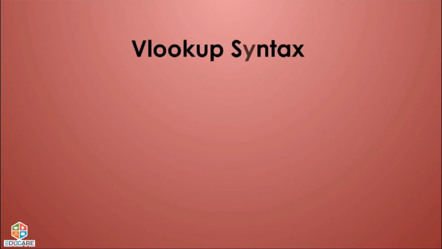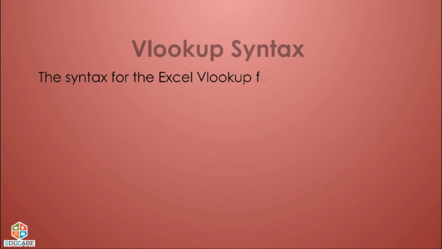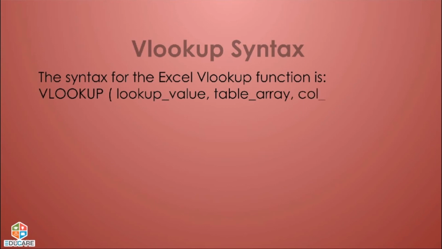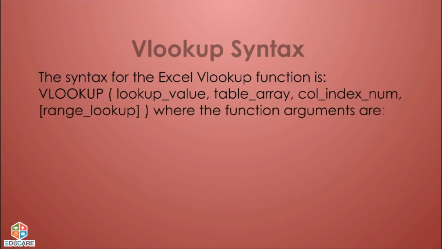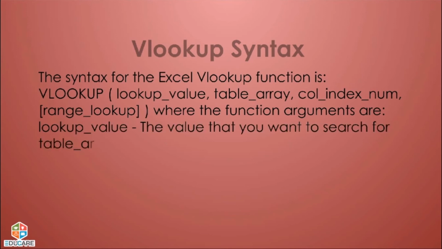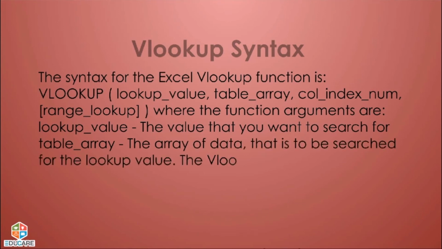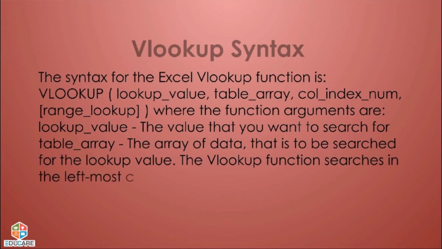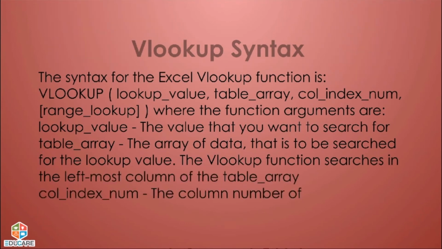VLOOKUP syntax. The syntax for the Excel VLOOKUP function is VLOOKUP(lookup_value, table_array, col_index_num, range_lookup), where the function arguments are. Lookup_value: the value that you want to search for. Table_array: the array of data that is to be searched for the lookup value. The VLOOKUP function searches in the leftmost column of the table array. Col_index_num: the column number of the supplied table array that you want to return a value from.